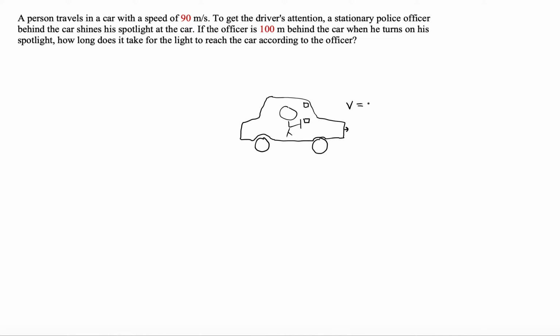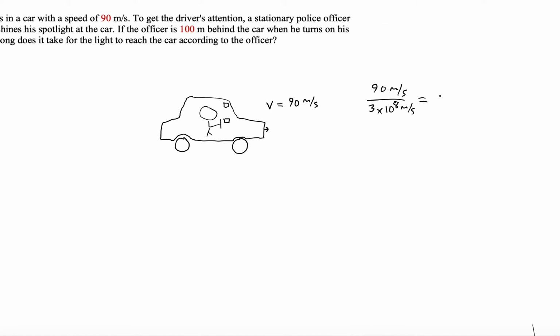The speed is 90 meters per second, and if you make a fraction out of that with the speed of light, you get 0.000003.